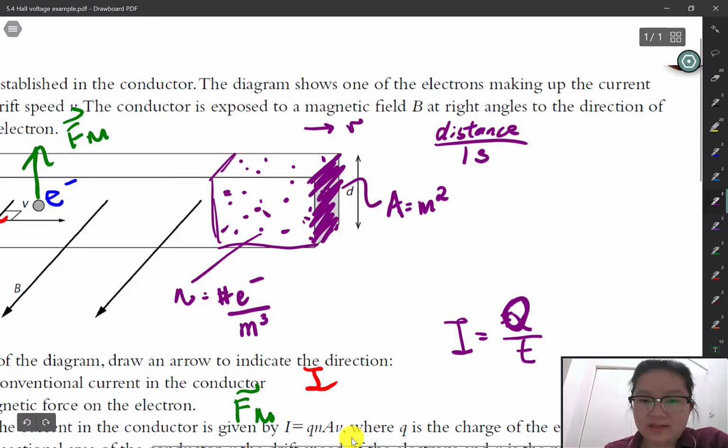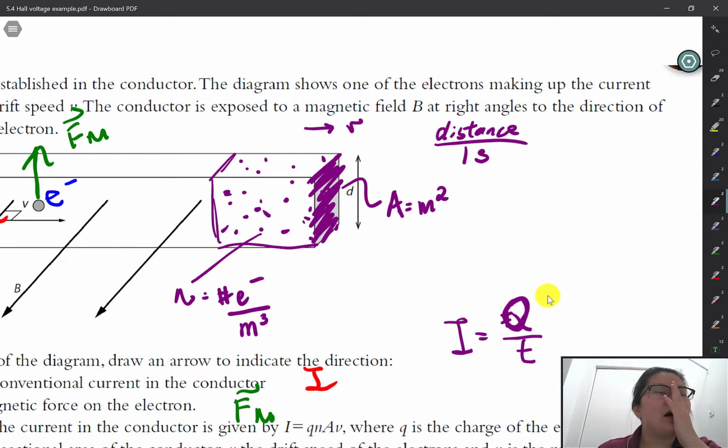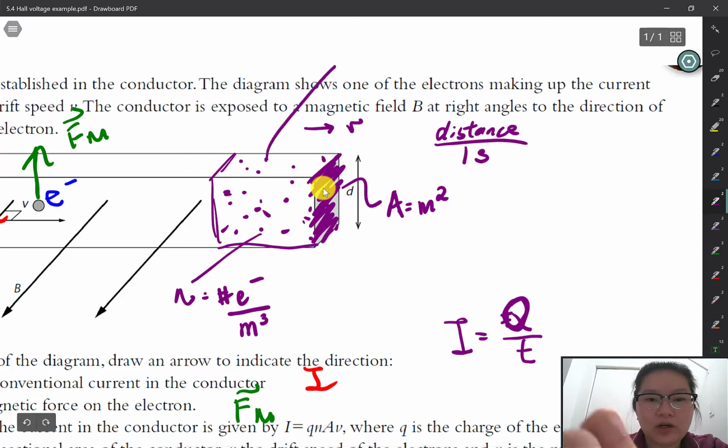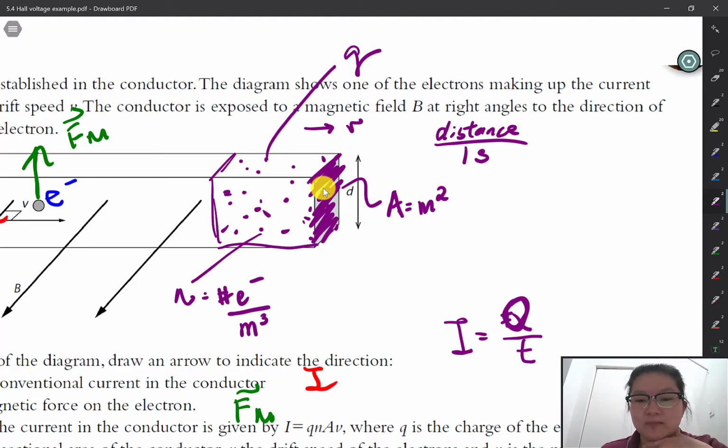To find the total charge, we of course need to know the number of charges that actually pass through that conductor at this region per second. We also need to know how much charge is carried by each charge carrier, which is told to us by Q, which is given in the question. It's the amount of charge carried by each electron.